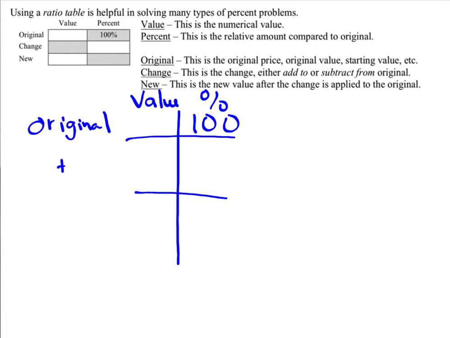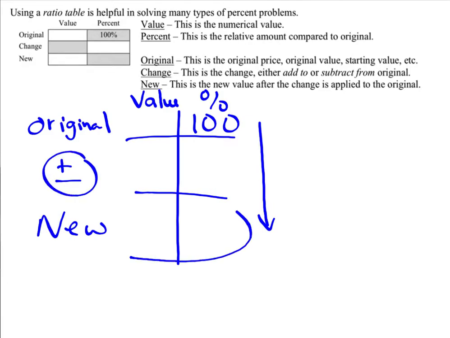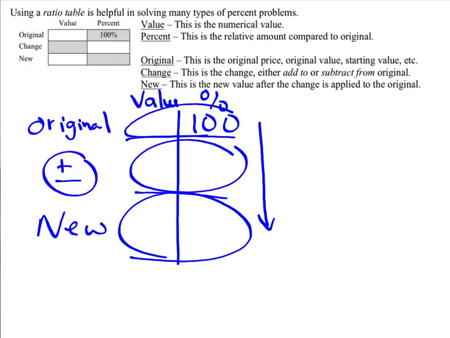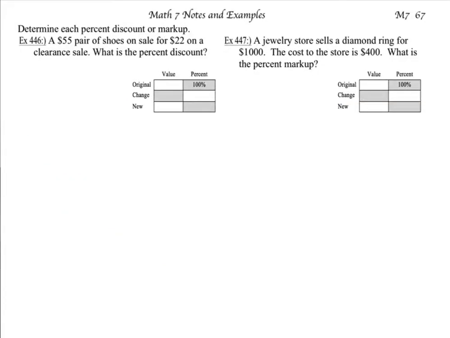We've got the amount of change that either adds or subtracts, and we get the new. Now, as you move down the table, it either adds or subtracts depending on what kind of change you have. But across the table, these are always proportional. Which is very helpful.